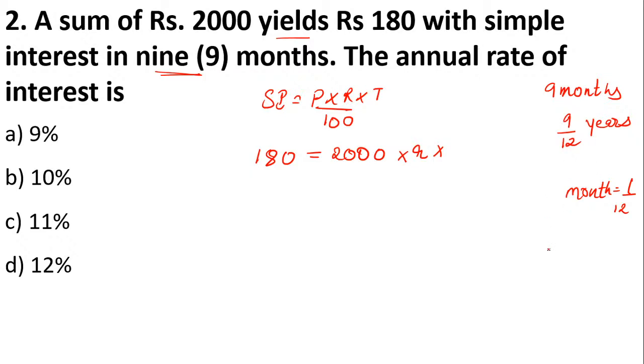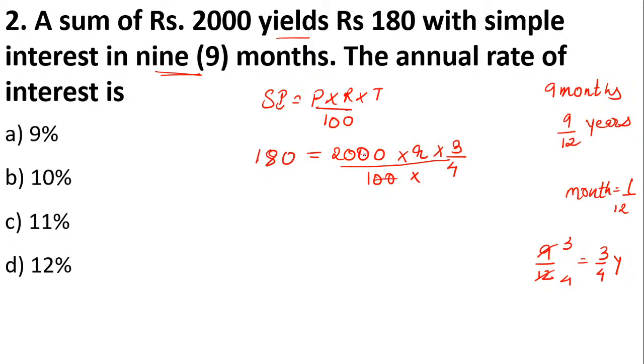So how much is 9 upon 12, students? 3 threes are, 3 fours are. So 3 upon 4 years. So 3 upon 4 and the whole upon 100. Here in this question, you have to find rate. All this will be cross multiplied.